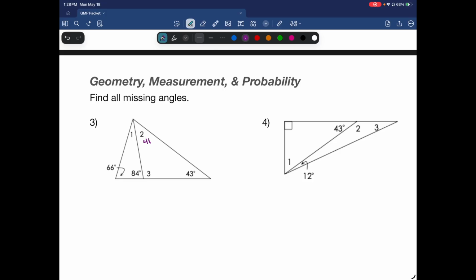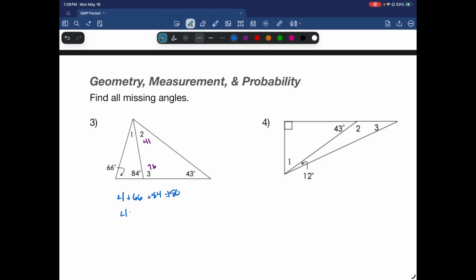And then 180 minus 84 is going to be 76. So angle 1 is going to be 66. 66 plus 84 equals 180.